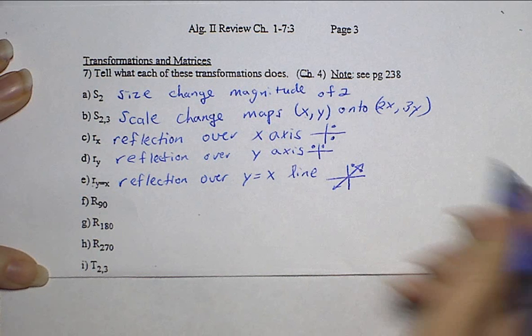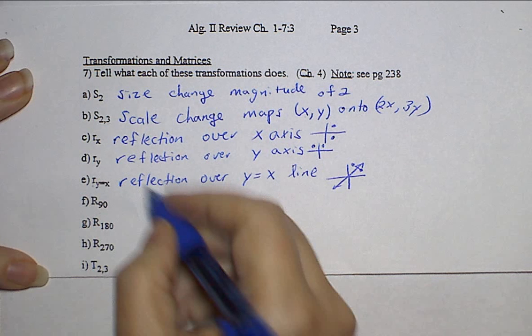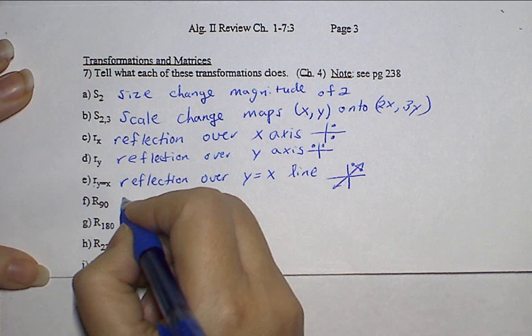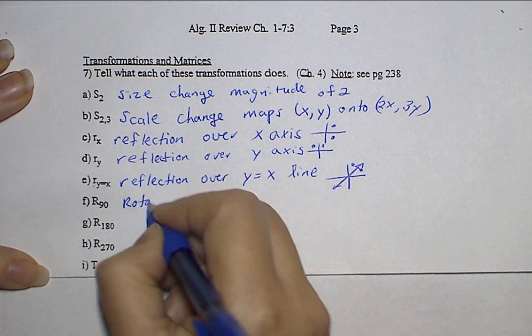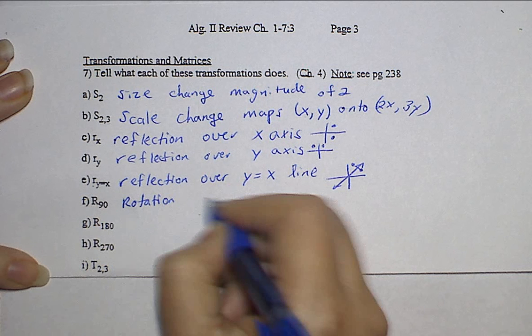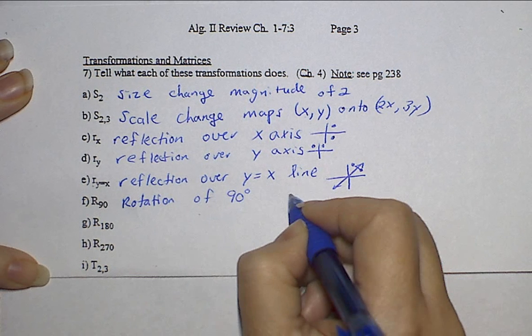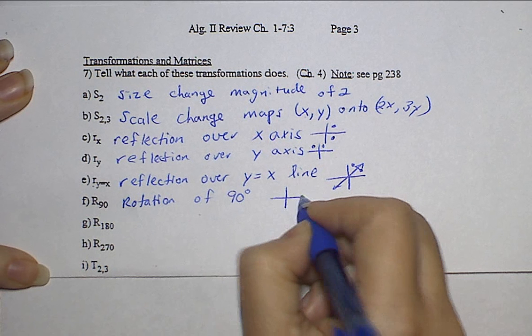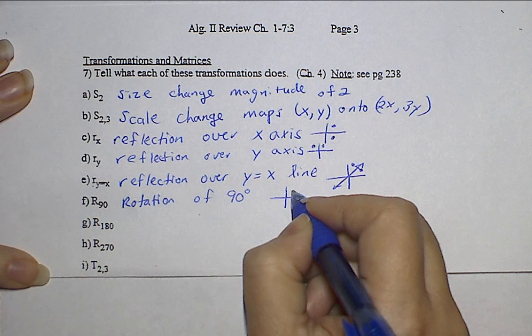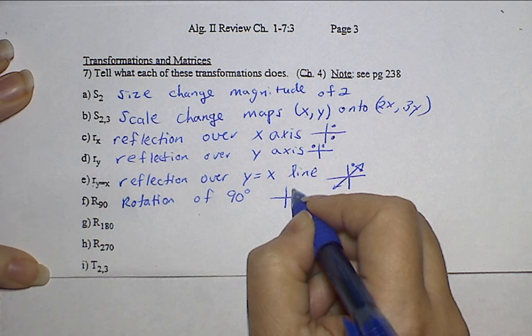The big R is a rotation of 90 degrees, and that means that you would take a point or a picture and rotate it 90 degrees.